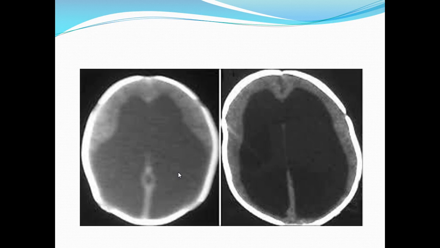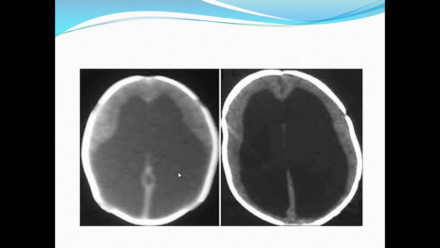But if the lateral ventricle is dilated and the third and the fourth ventricle are not dilated, or the lateral and third are dilated and the fourth is normal in size, it means the patient has non-communicating hydrocephalus.